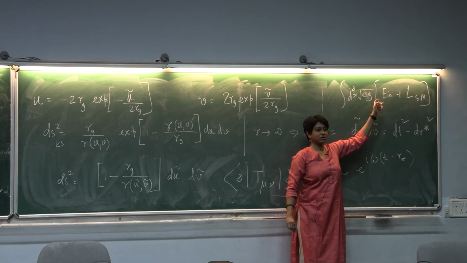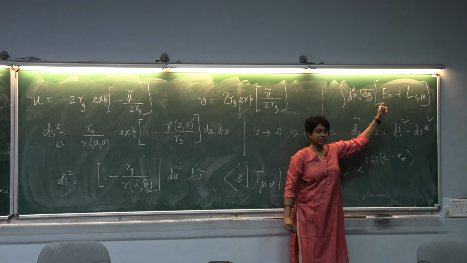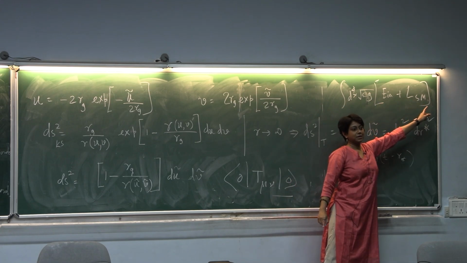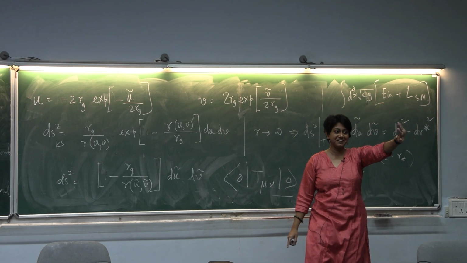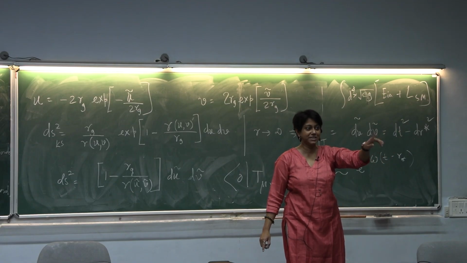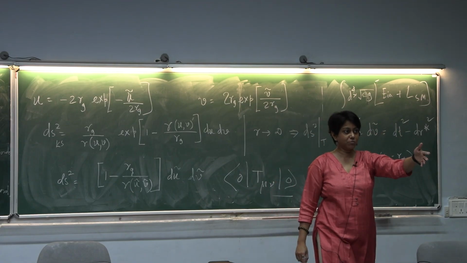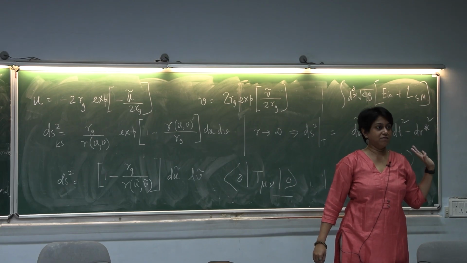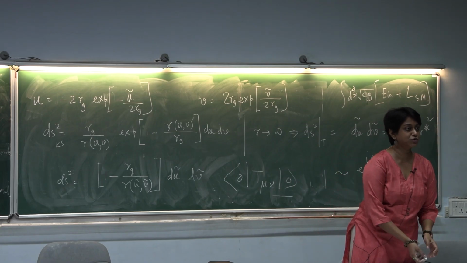This will be (1 plus h) to the power half, and that h actually couples with L_SM. They are suppressed by 1 over M_Planck. You will not be able to see the signature of that model directly, but 1 over M_Planck will be there, the gravitational coupling strength I am talking about.